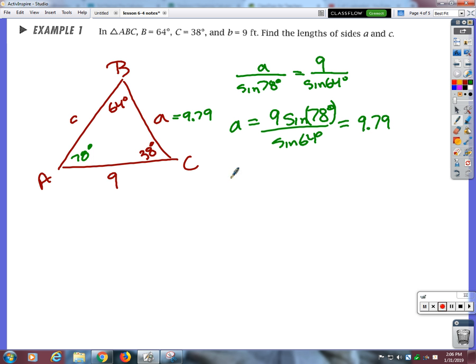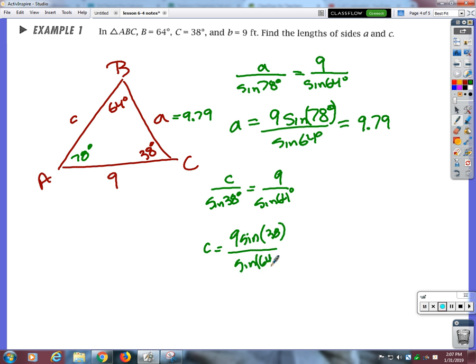Okay, so now we're going to go C over the sine of 38 is equal to, now we can use either one. I would suggest always going back to the original one that they gave you. So 9 over the sine of 64. So this time C is going to equal, if I cross multiply, 9 times the sine of 38 divided by the sine of 64.